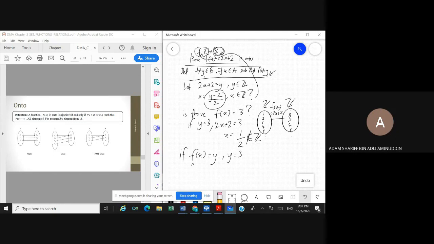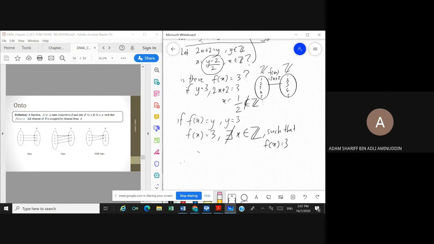It means that if f(x) = 3, there exists no x from the integers such that f(x) = 3. There does not exist any integer such that f(x) = 3.